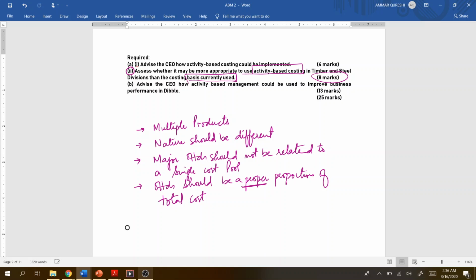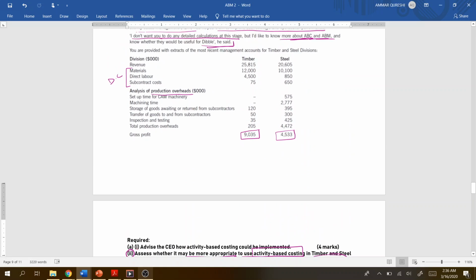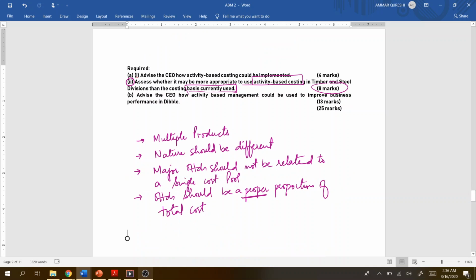Proper in the sense, if there is 90% direct cost and just 10% overhead, then managing overhead will not benefit you, right? If your overheads are 60% of the total cost, then definitely it's going to create an impact, right? So if you want to justify whether the company should use ABC or not, we have to check these 4 points, right? Whether these points are applicable in the situation or not.